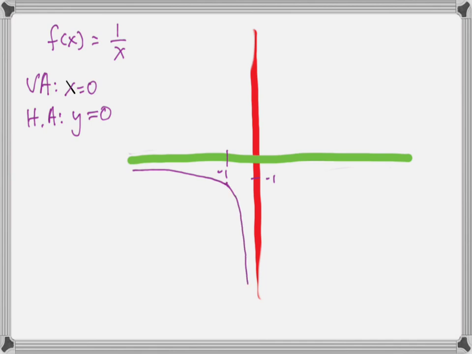That makes more sense. It didn't look right to me. That's why I plugged in values. If x equals 1, then y is 1. Yeah, right here. It looks like so. This is much better.